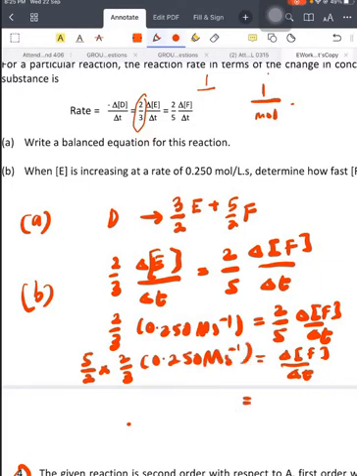So how much did you all get? 0.417. Okay, that's correct. Delta F over delta t, the answer is 0.417 M s negative 1. You can check that the answer must be positive because we know F is a product. If you suddenly get a negative, it means something is wrong with our answer.